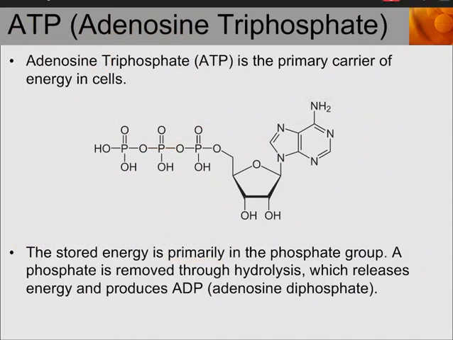Now let's talk a little bit about ATP and that NADH molecule, just so you can get a feel for what their purpose is, because it is going to come up again. ATP is also known as adenosine triphosphate, and this is the primary carrier of energy in our cells.